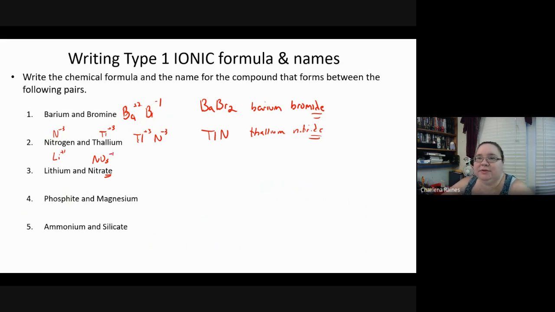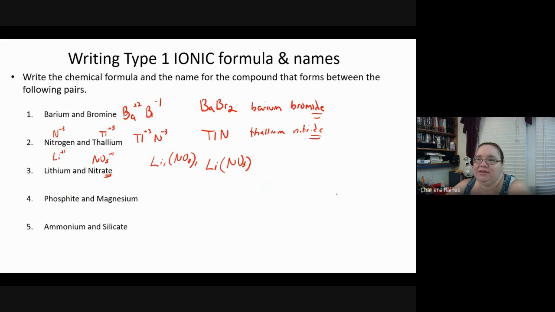Sorry about that, ladies and gentlemen. So we've got a +1 and a -1 that cancel each other out. My metal is written first. So my formula is LiNO3. With or without the parentheses, it does not matter. In fact, you could even swap and drop the ones if you really wanted to. You're going to get to the same place because chemists are lazy and they don't write ones. But either one of those would work.